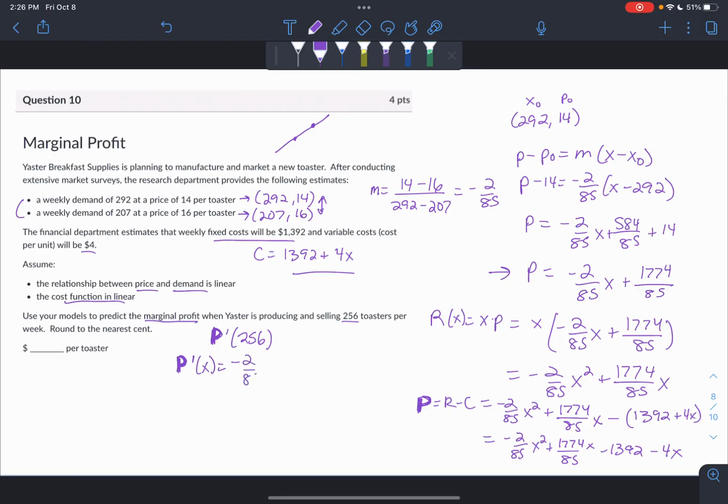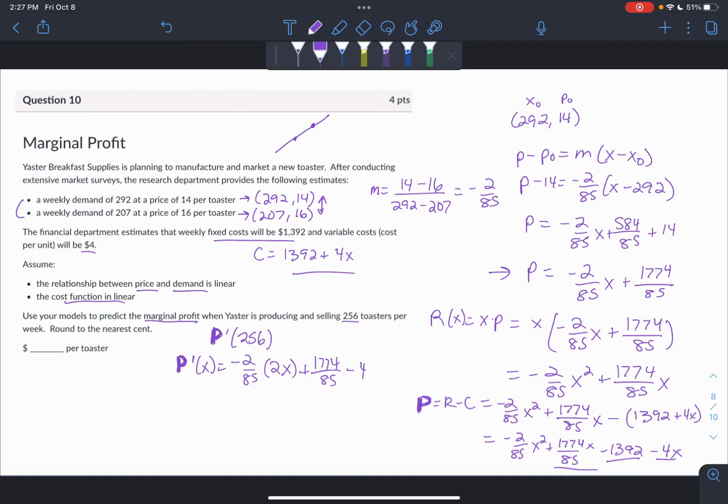And then the derivative of 1774 over 85x is 1774 over 85. And then this goes to 0, right, because that's a constant. And then this derivative is just minus 4. So that's going to be our profit function, or our marginal profit.